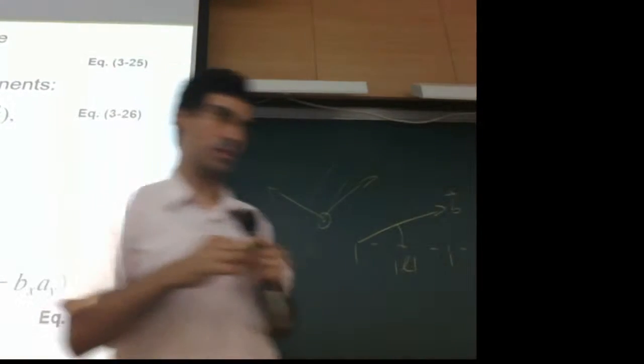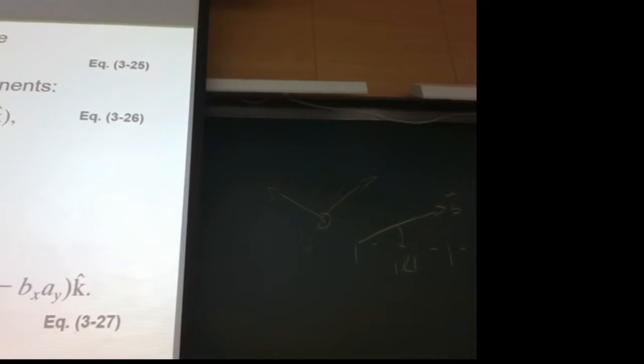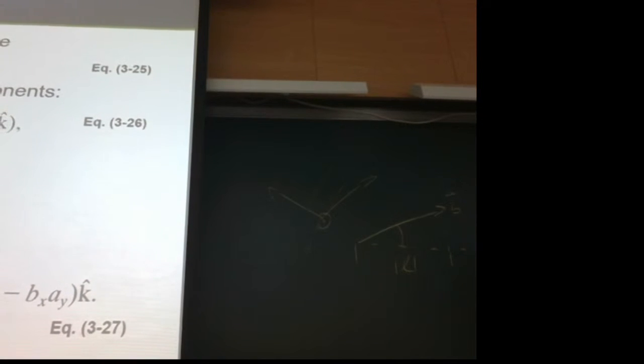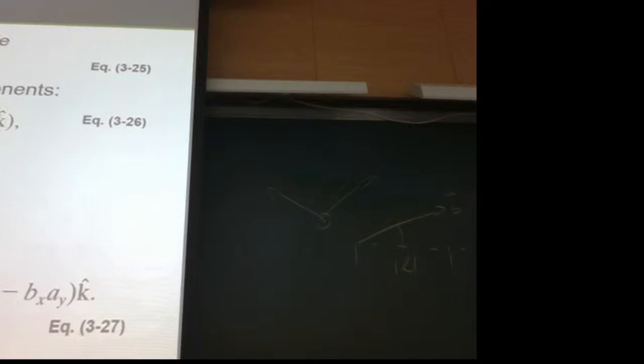I'll do it one time. So (ax i plus ay j plus az k) times (bx i plus by j plus bz k). So it's a product, and so I have to take all the permutations.